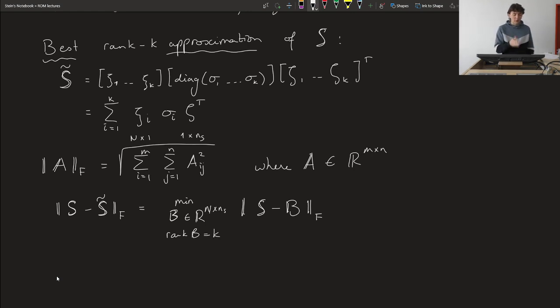So what this is saying right now, is that the matrix that we obtain by doing this truncation of our singular values and singular vectors, that is the best approximation given any possible rank K matrix in the Frobenius norm.